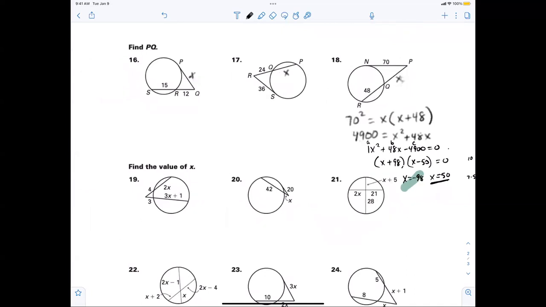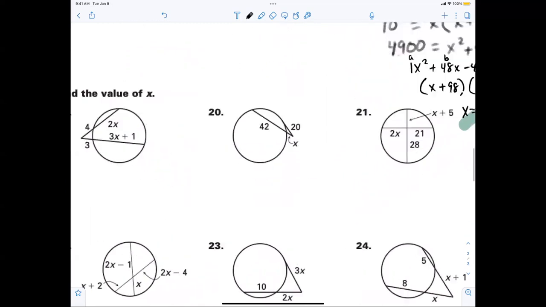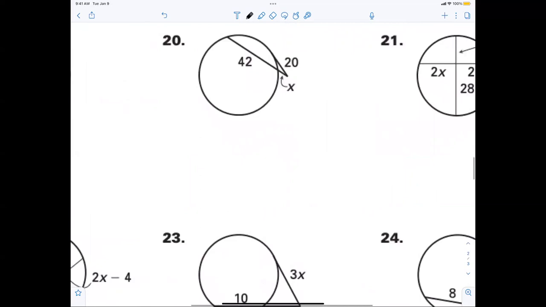All right, outside times the whole, outside times the whole. Okay, so let's just check 20 since we missed that one. Let's look at 20. All right, on 20, we have the outside, which is what? 20 squared is equal to the outside times the whole, which is what?